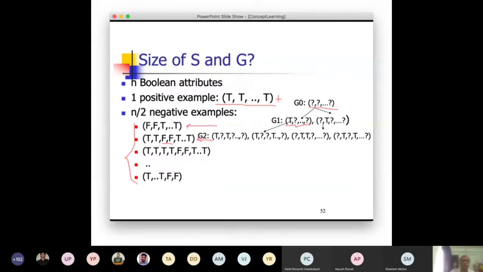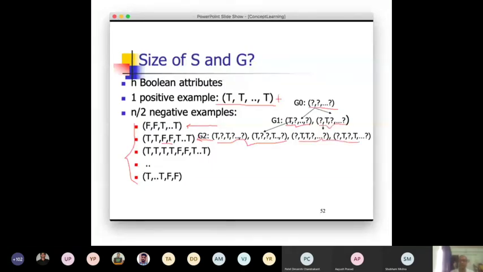If I would like to include a more general version but exclude these negative examples, this one needs to be changed into these two. So one hypothesis can give you two hypotheses: once you eliminate it, you replace it by these two. Similarly, this hypothesis will be replaced by these two.